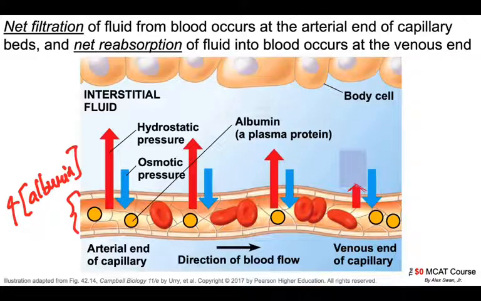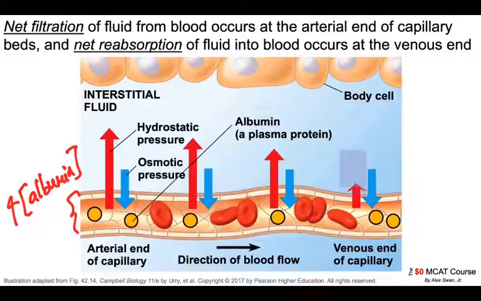In an attempt to equalize the concentration gradient of albumin, right? Albumin is much less concentrated in the interstitial fluid than it is in the blood. What's going to occur is the fluid is going to exert this osmotic pressure force that's going to attempt to dilute the blood in order to decrease the concentration of albumin, so as to equalize the concentration of albumin across this membrane.